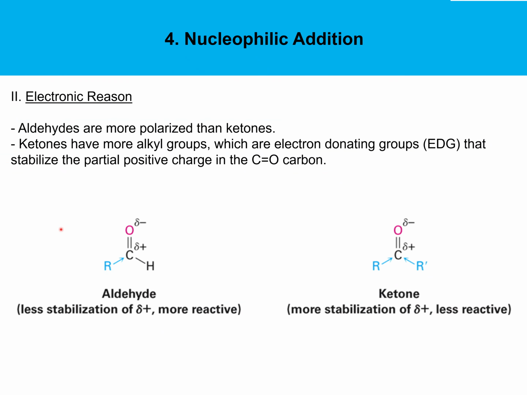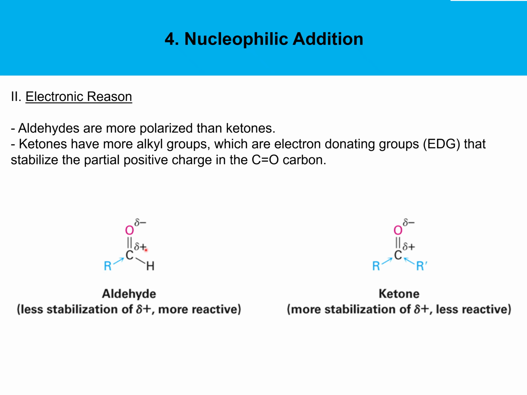An explanation for aldehydes being more reactive towards nucleophiles is the fact that there is only one alkyl group attached to the carbon. Remember, alkyl groups are electron donating. So this alkyl group would donate electron density towards this carbon and tamper down some of the reactivity of this carbon, which is electrophilic.